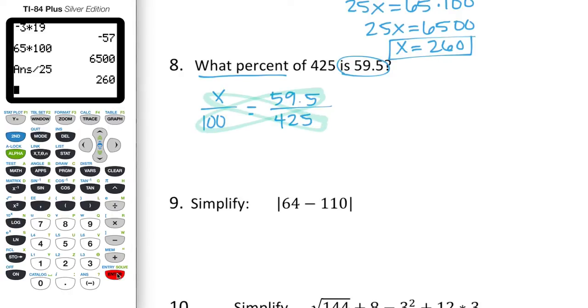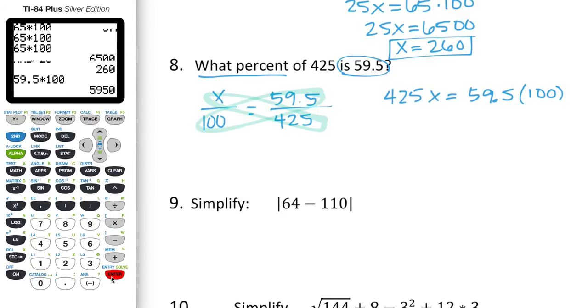So we'll have 425x equals 59.5 times 100. 59.5 times 100 is going to give us 5,950.